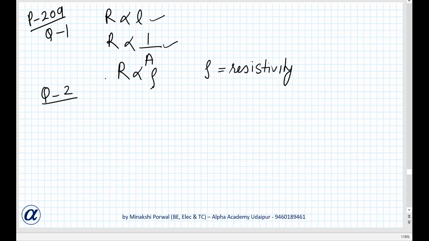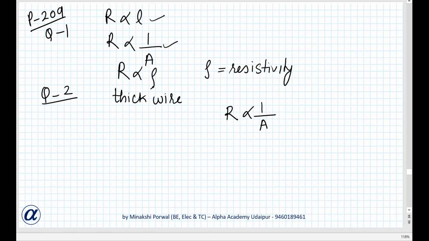No, you are saying wrong. Actually, it will easily pass through thick wire. Thick means area is more. If area is more, resistance is less. Resistance is less, so current is more. They are asking about current. Will current flow easily through a thick wire or thin wire?